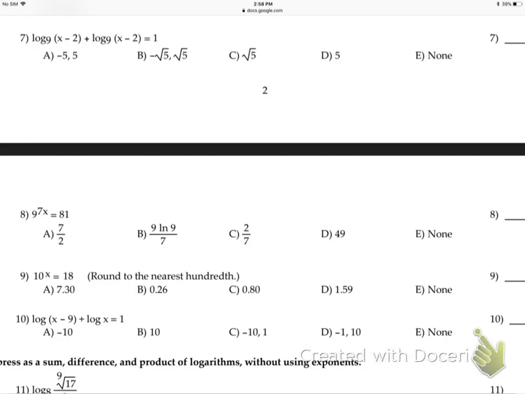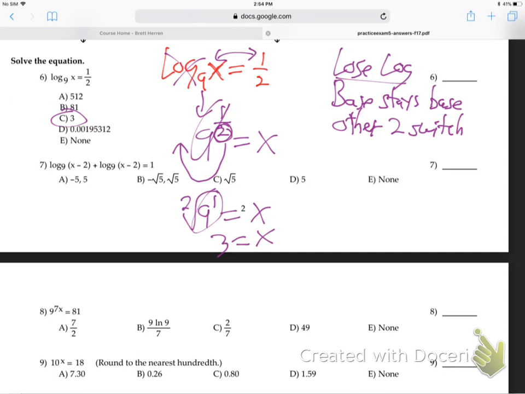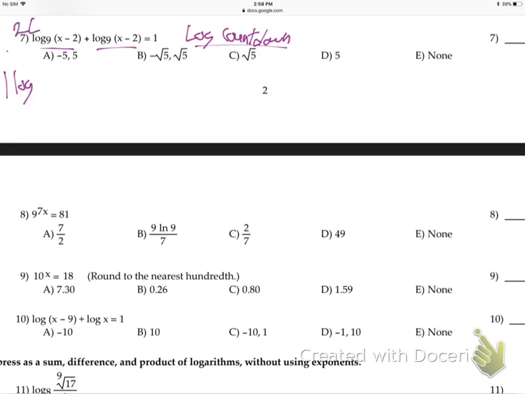Okay, so 2 logs. So it's the log countdown. So 2 logs. Next line there should be 1 log. So how do you make those 2 logs into 1 log?